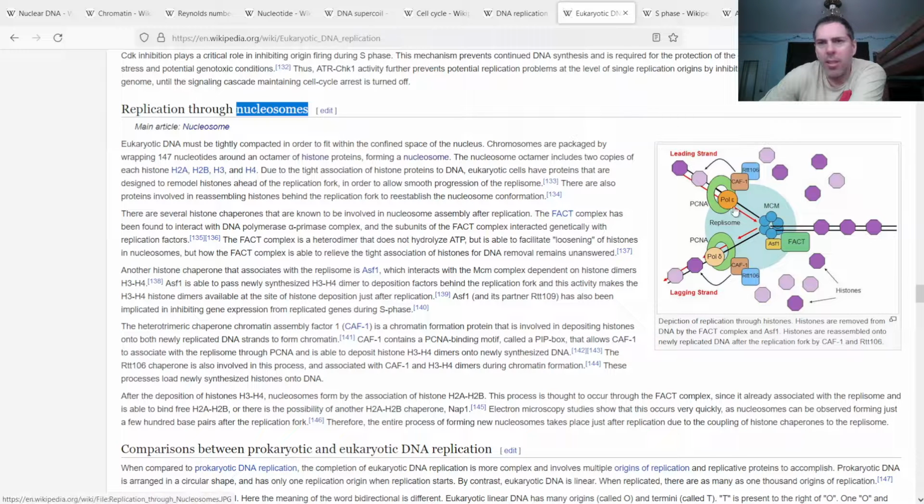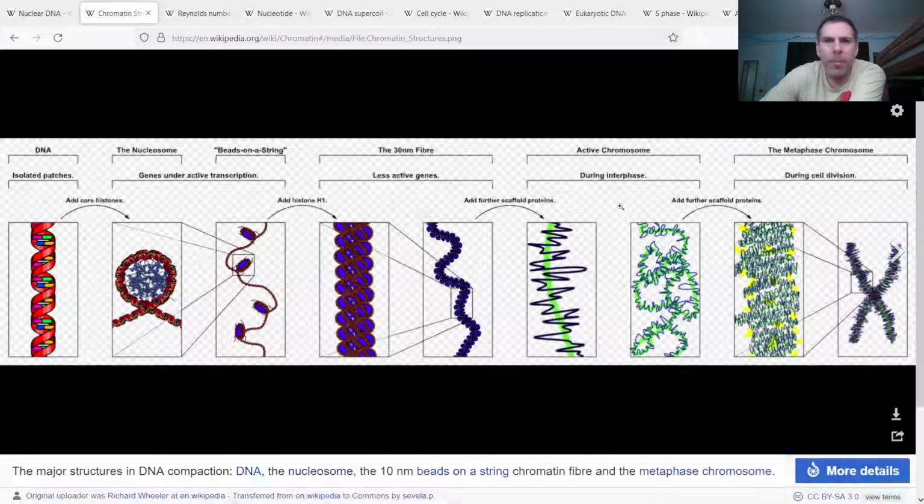So the existing DNA strand has nucleosomes on it. It has these beads on a string once it's unpacked. And so as it duplicates the DNA, it has to remove the histones, disassemble the nucleosome, and then duplicate the DNA, then create a nucleosome on the new strand and the old strand.